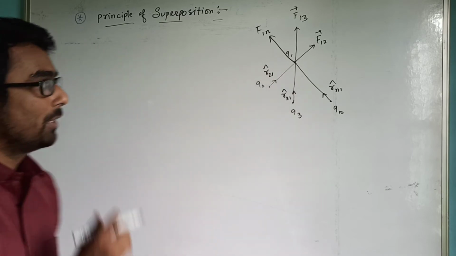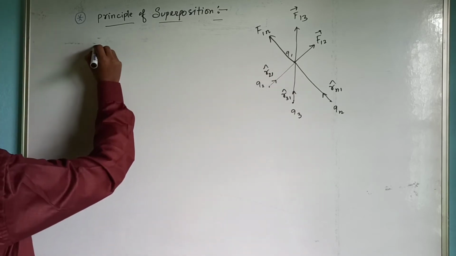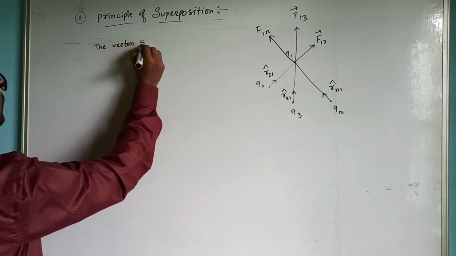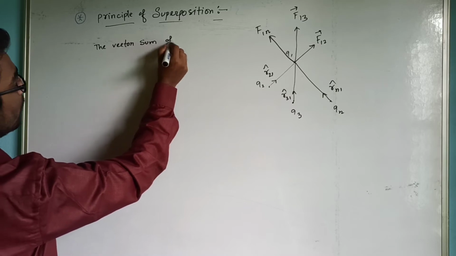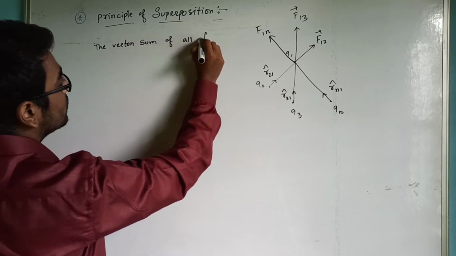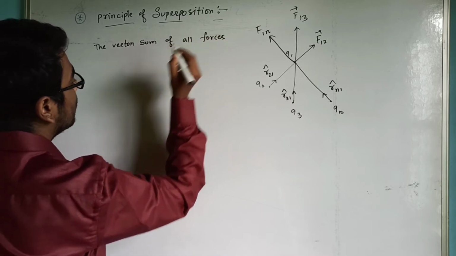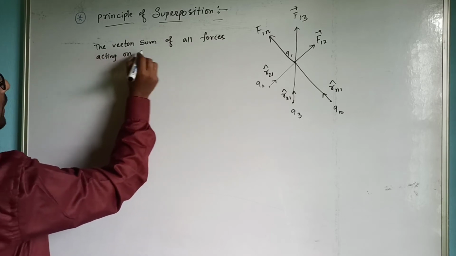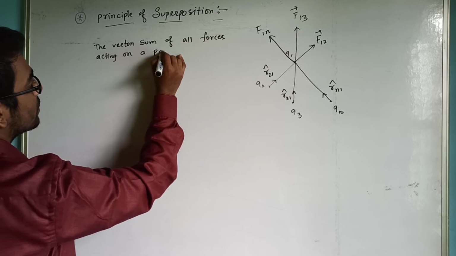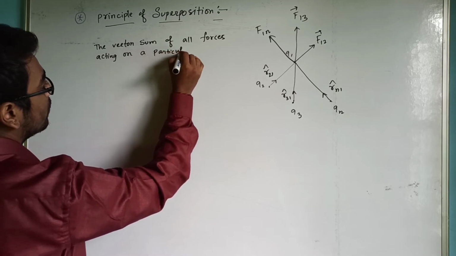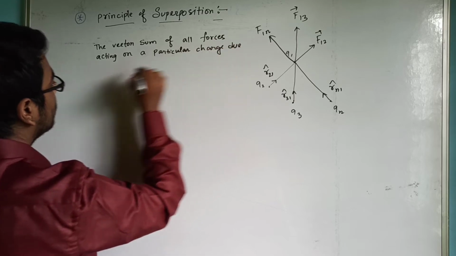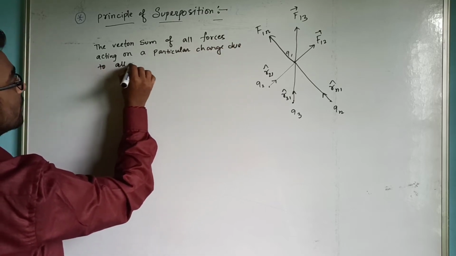So what we can write is, it is the vector sum of all forces acting on a particular charge due to all other charges.